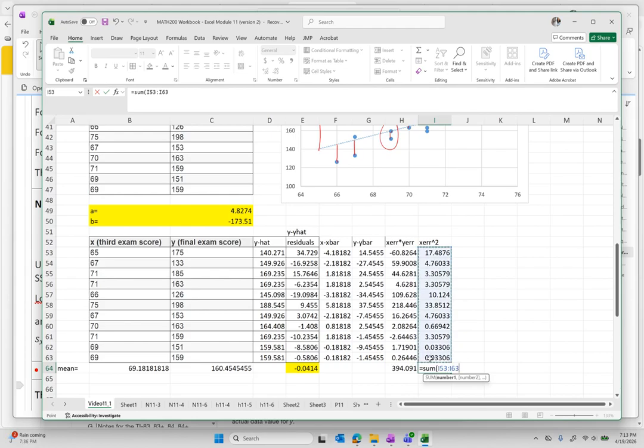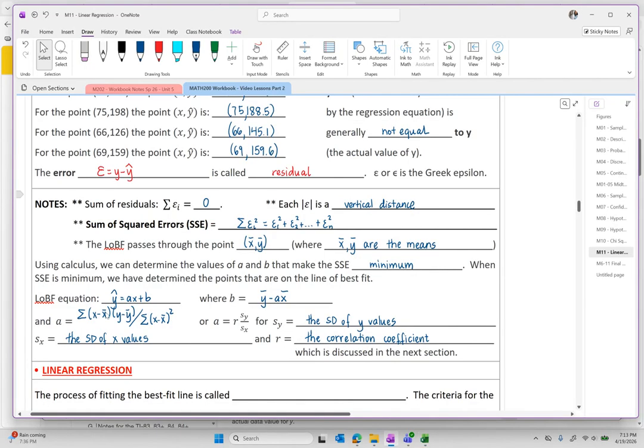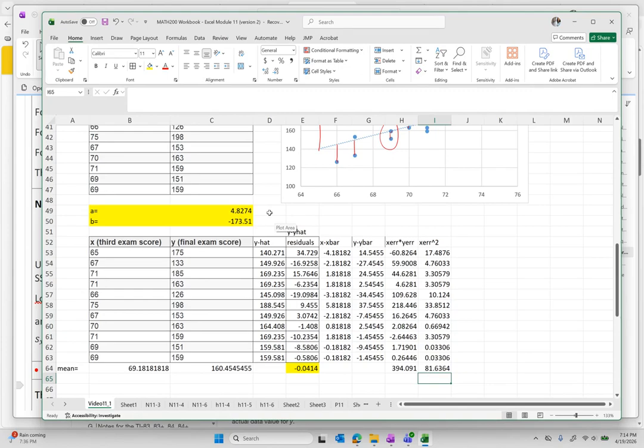So the numerator of A is the sum of 394.091, and the denominator of A is the sum 81.6364 if I have followed this formula. The formula said to add the products x error times y error and to divide by the sum of the x errors squared. So I'm going to try that in Excel and see if it indeed matches this A.